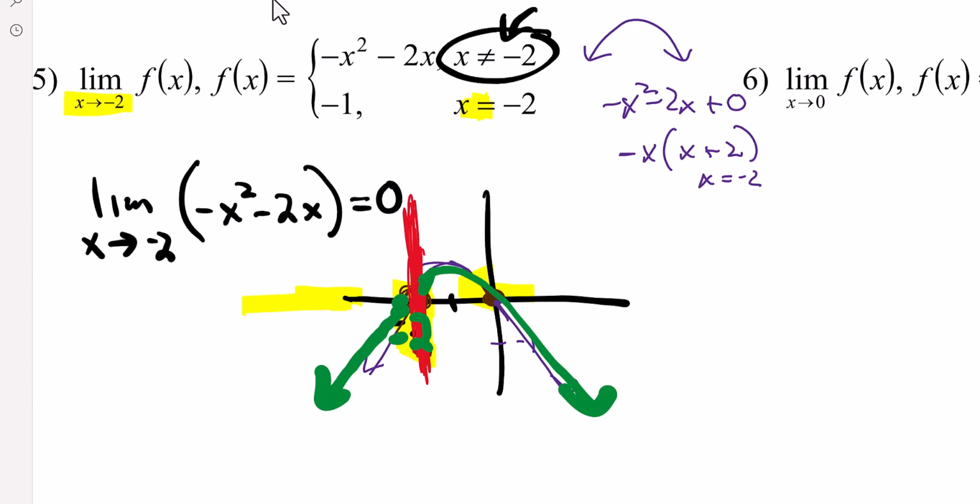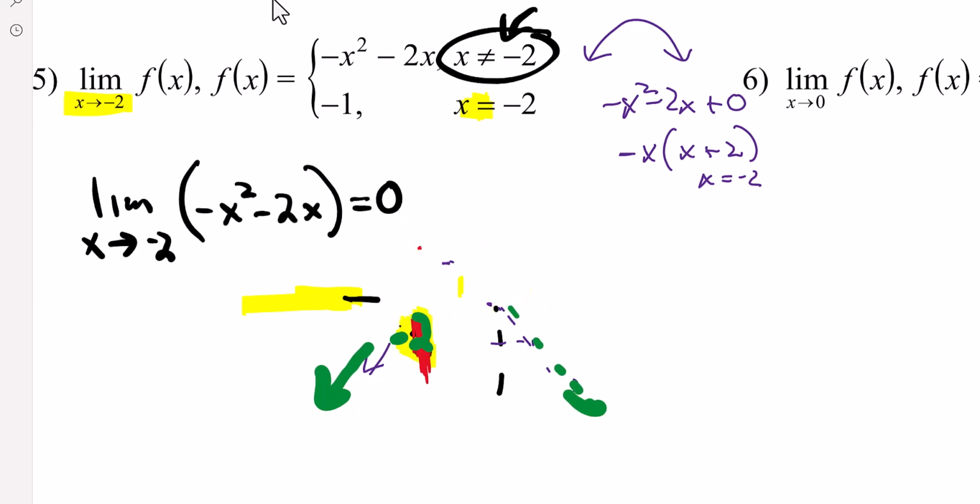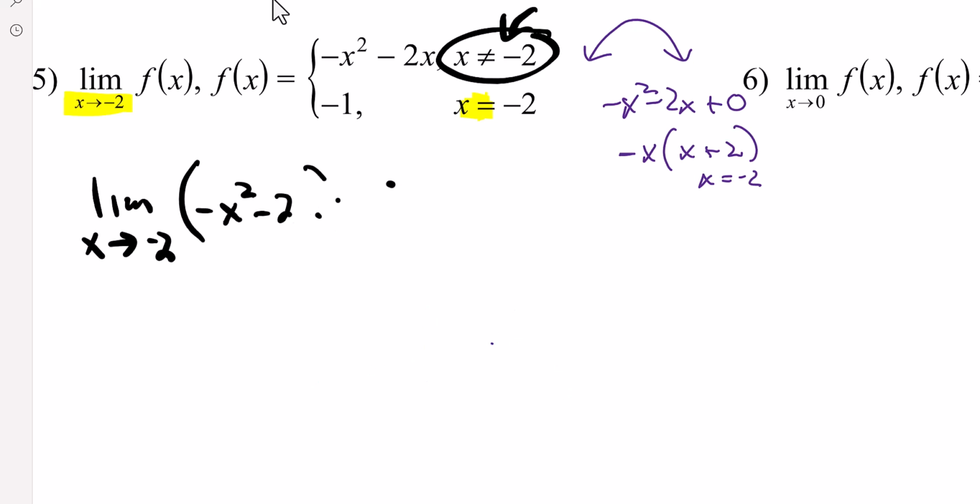And that height is approaching 0. Okay, so what I recommend you do here is one of two things. You could factor out a -x, or just factor out a negative sign, and then put x squared plus 2x.